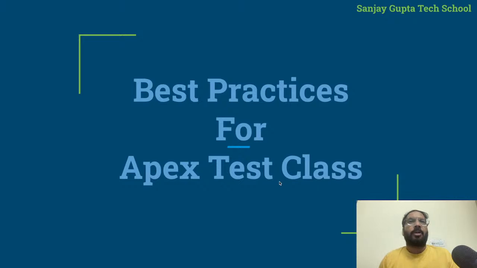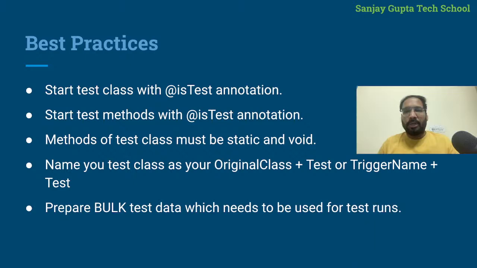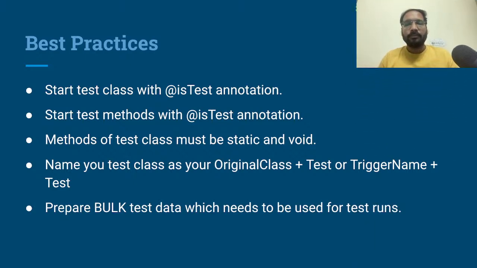This is very important: Apex best practices, trigger best practices, test class best practices. All these best practices are important to understand. These are simple statements that you need to go through one by one. I already explained these while explaining different examples related to Apex test.